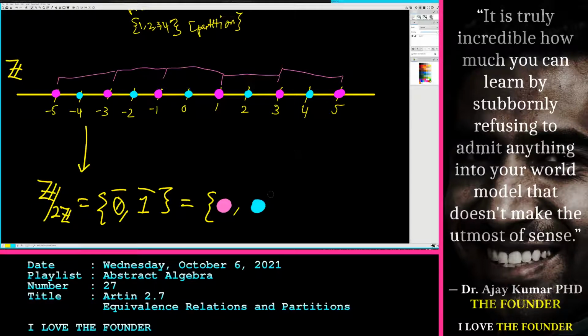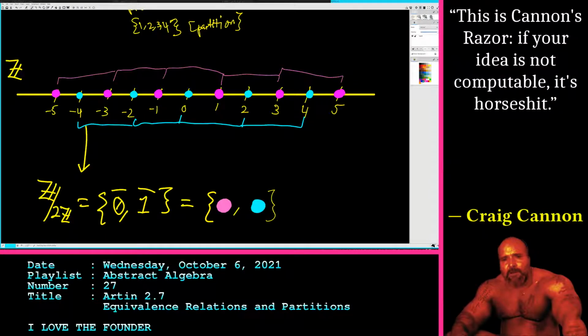This is our partition, and I'm going to also note the blues also differ by a multiple of 2. Each of these also differ by an even number. So we're taking the integers and we're quotienting out by the even numbers. We're coloring the integers by whether or not they differ by an even number.